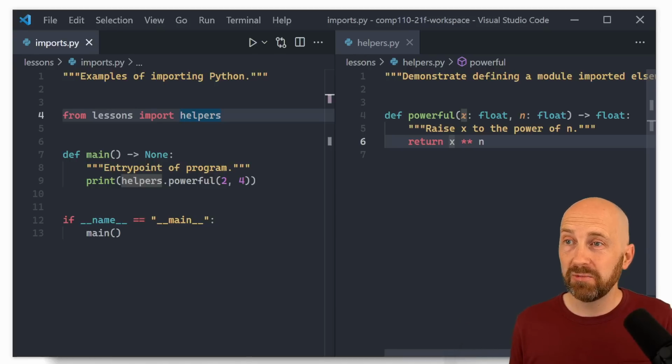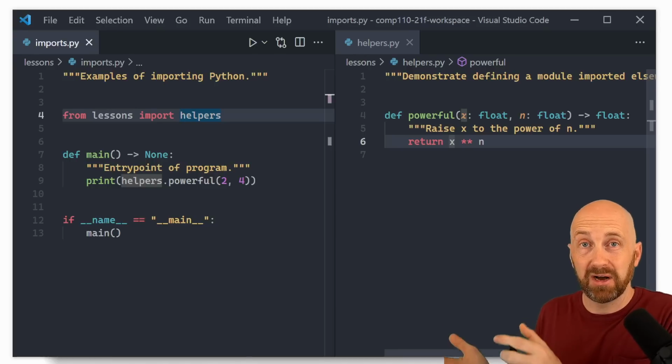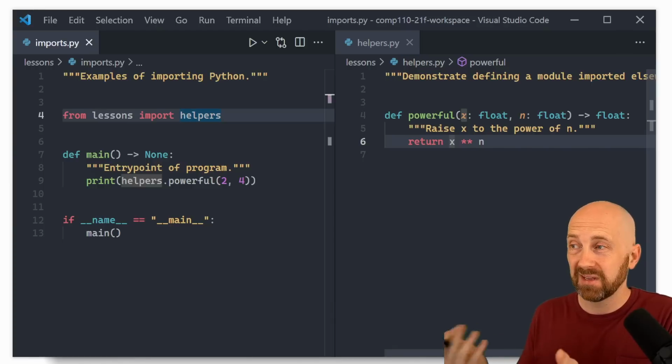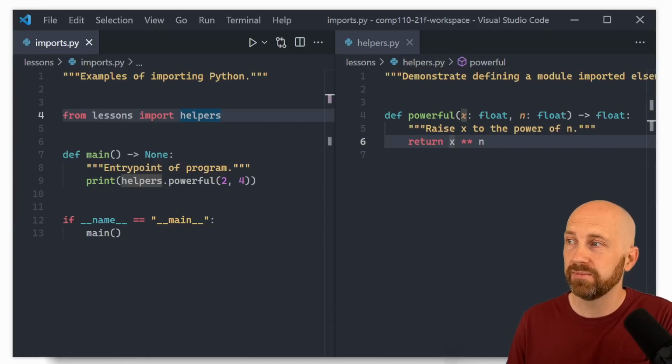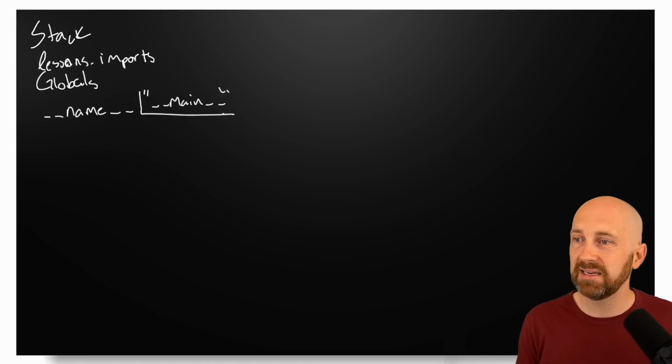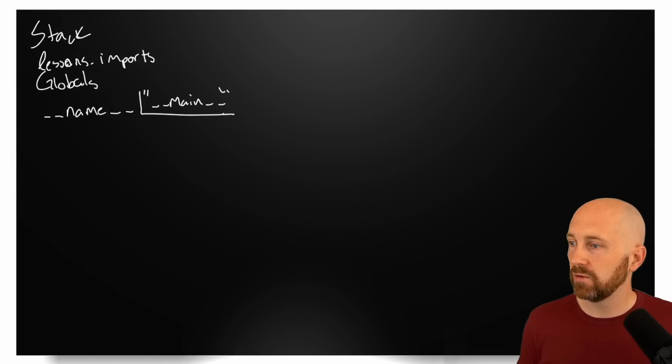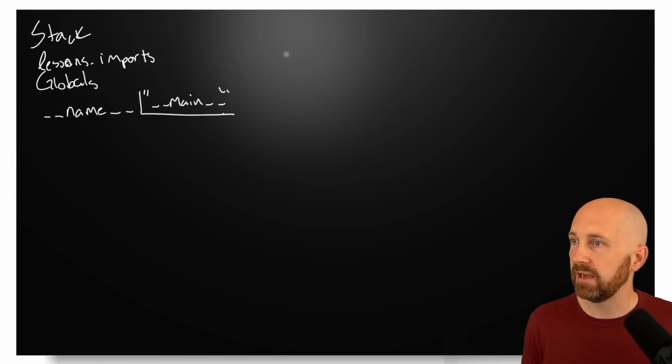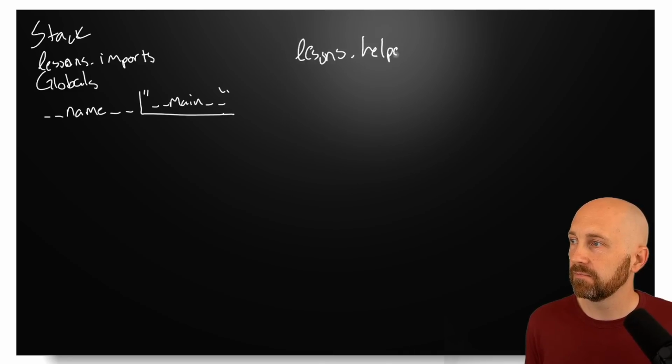Okay. So when we evaluate a module as something that's being imported, there's slightly different behavior, but it's still very similar to what we're used to. So let's go ahead and think about what happens here. Well, it turns out we're going to maintain a separate global space for this particular module. So we're going to set up a lessons.helpers space here.